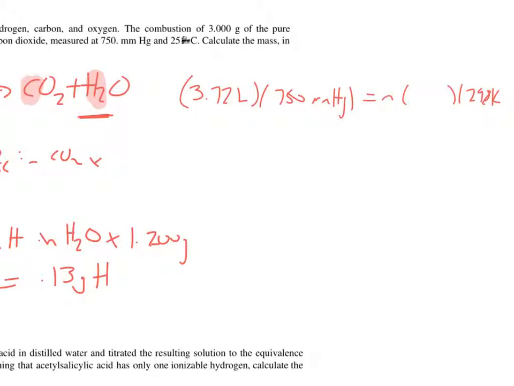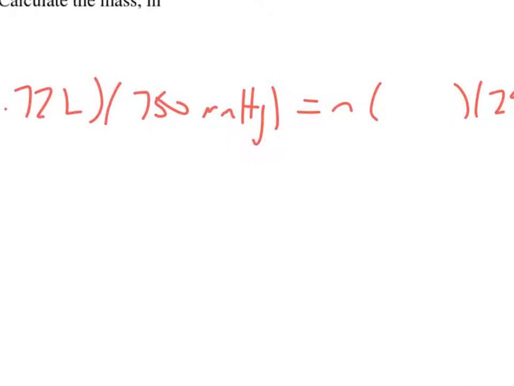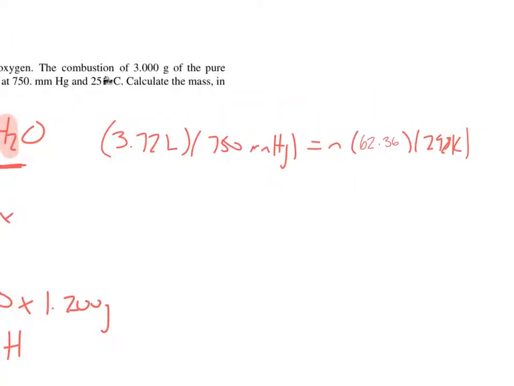So I'm going to quickly look up R in millimeters of mercury and then solve for n. The number for R in millimeters of mercury is actually listed on your constant sheet, the green one. It's 62.36. So if I do this and I solve for n and multiply these all together and solve using algebra, n is going to equal 0.150 moles of CO2.